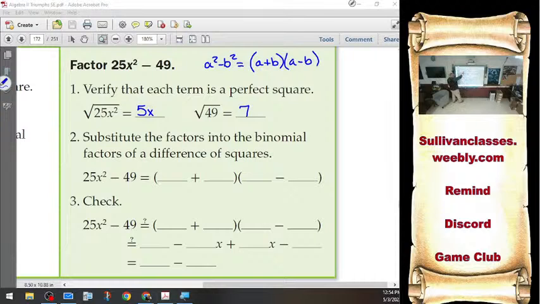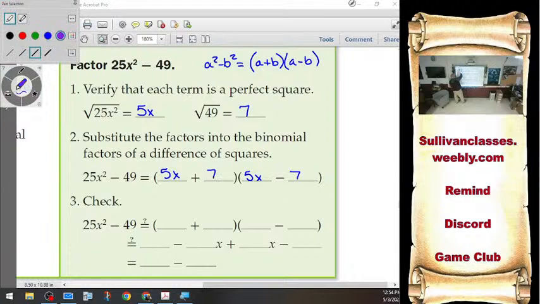So since the square root of the first guy is 5x, then it's 5x on both. The square root of the second guy is 7, 7 on both. The only difference is plus minus.